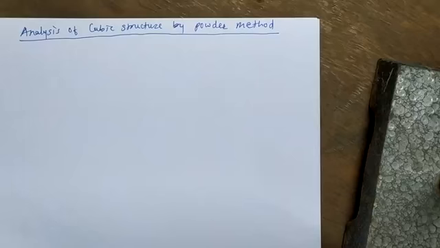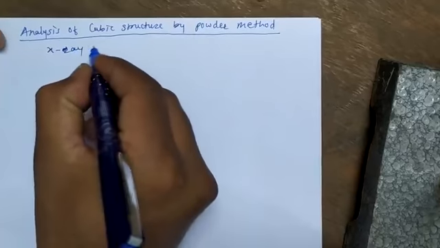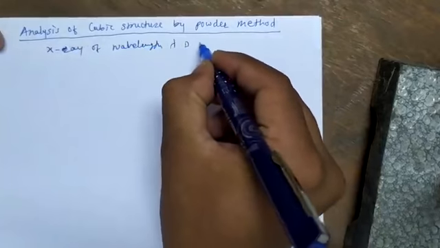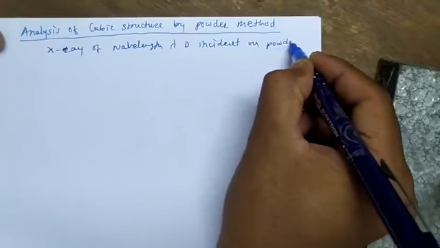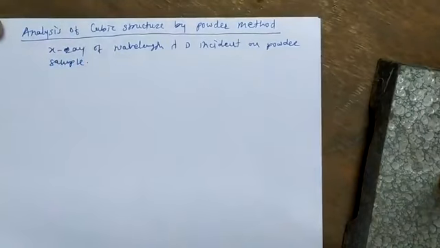Inside that camera there is a photographic film which is coated in circular manner inside the camera, and X-rays are incident on that powder sample. Now suppose in this method we use the monochromatic X-ray of wavelength lambda, incident on powder sample of cubic crystal.